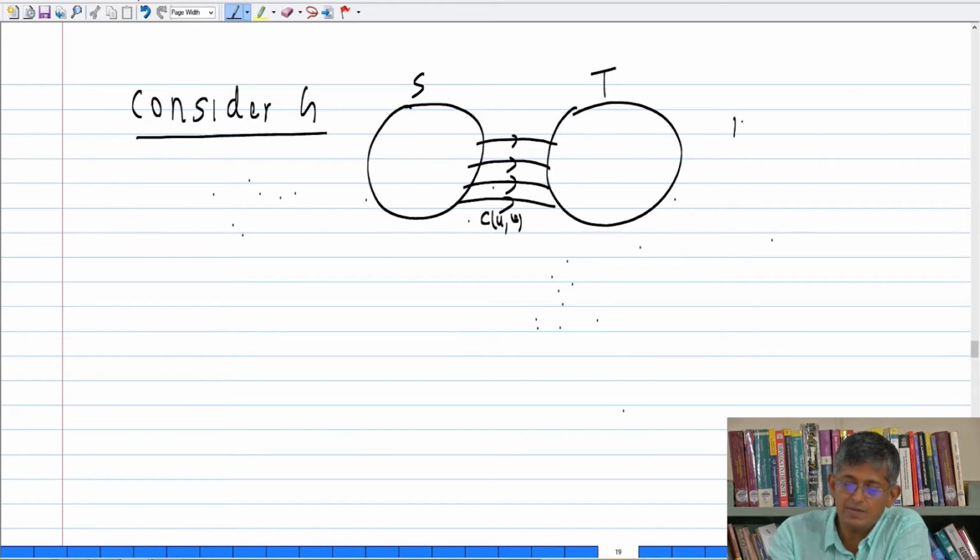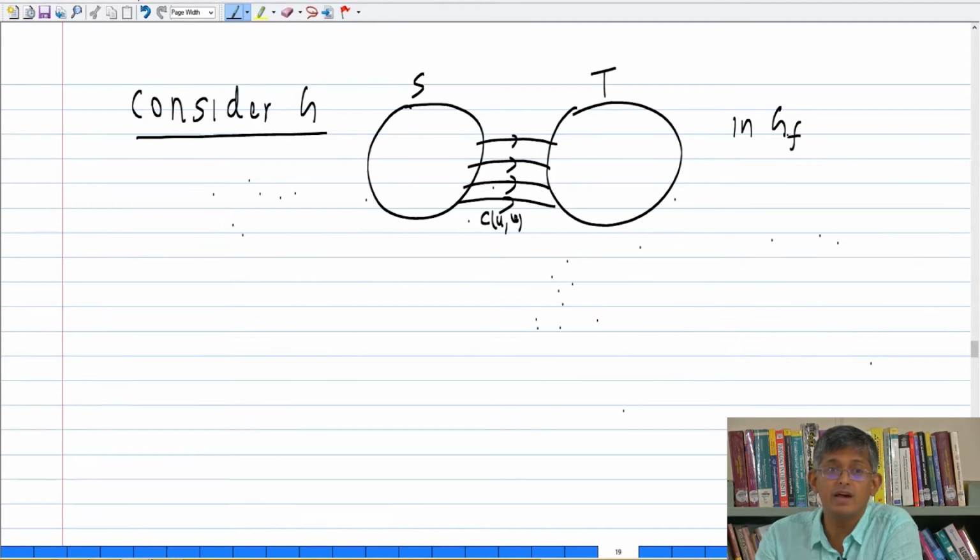In GF, what has happened? All these edges have vanished. What does that mean if they have vanished? It means their residual capacity is 0.